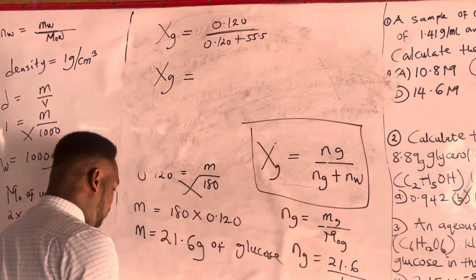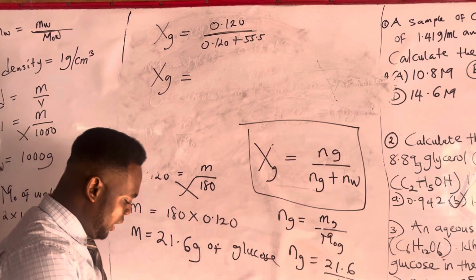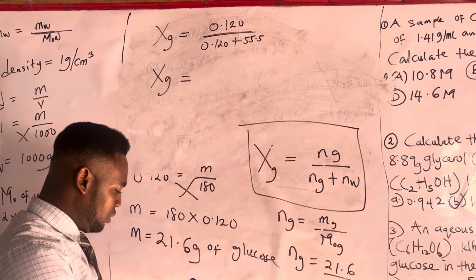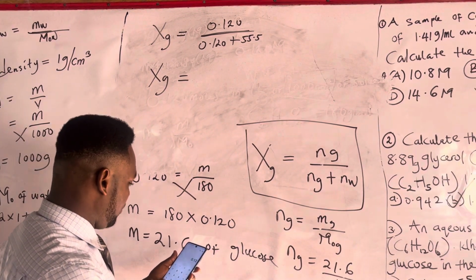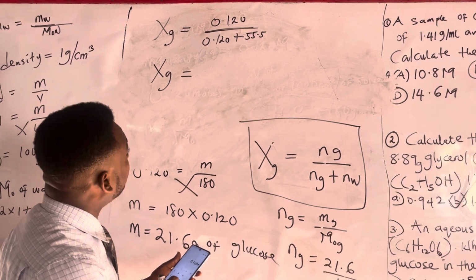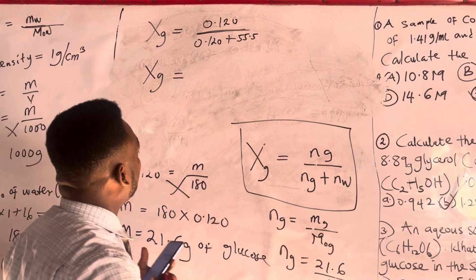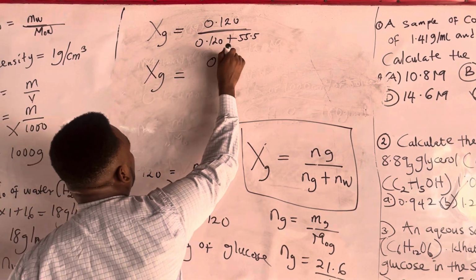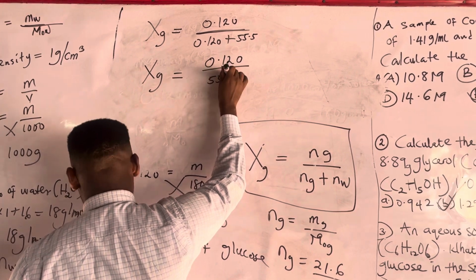Mole fraction of glucose will now be equal to 0.120 plus 55.5. That gives me 55.62. So this becomes 0.120 divided by 55.62.